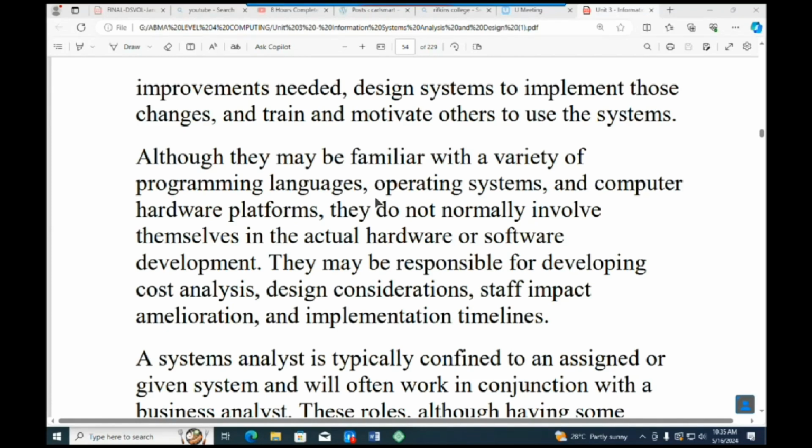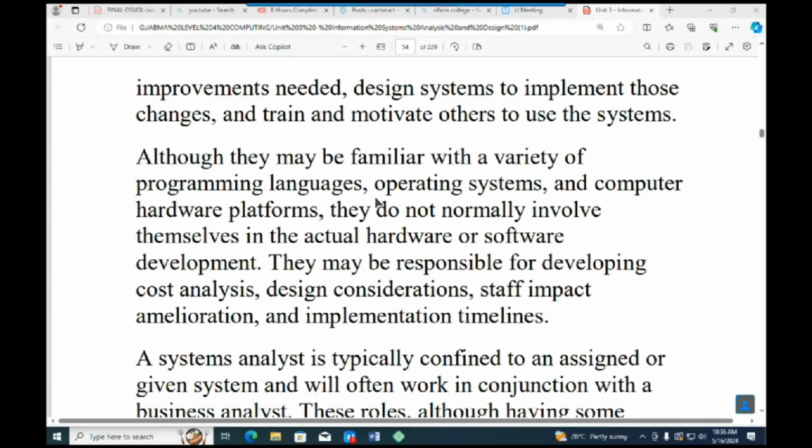As much as they might have some familiarity in these areas, they don't get involved in the actual hardware and software development. The actual construction of both hardware and software does not involve these analysts.